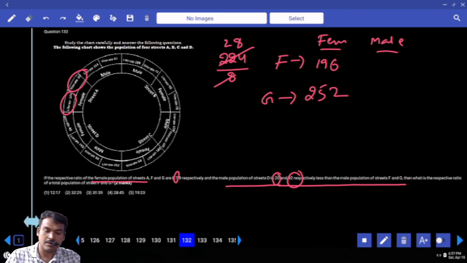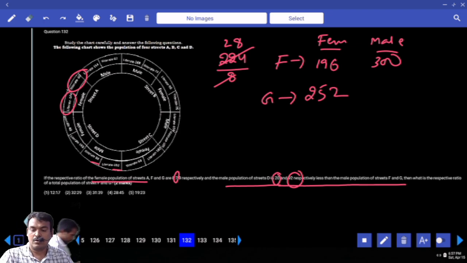Okay, first what is the street D male population? 88 plus 192, 280. Compared to 280, how much value are less? D value 20 less means F value 300, G value 280 plus 92, 372.